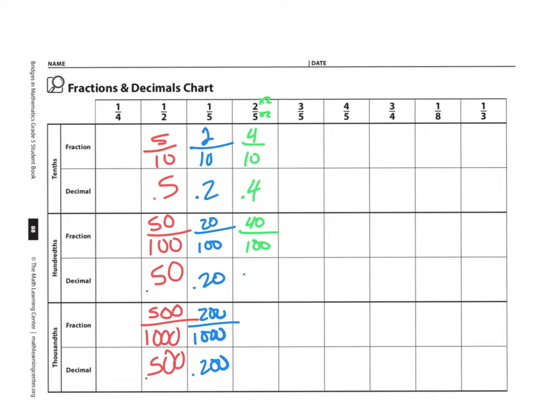Hundredths, I got 40 hundredths. I would write it as 40 hundredths. Thousandths is 400 thousandths. I would write it as 400, and then I add the zeros to make sure I'm staying in the thousandths place value.